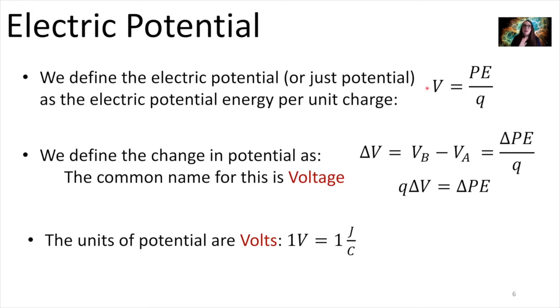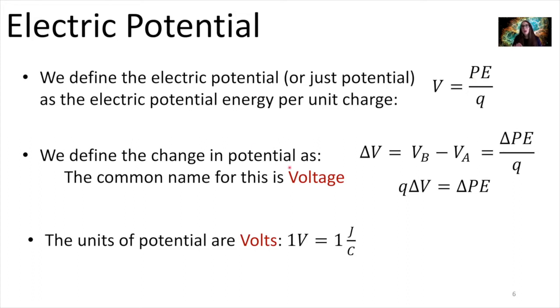Or sometimes instead of just calling it the electric potential, I'll just call it the potential. This electric potential or potential is equal to the electric potential energy per unit charge. So we've got another thing that's a per unit because our electric field was the electric force per unit charge. Our electric potential is the electric potential energy per unit charge.